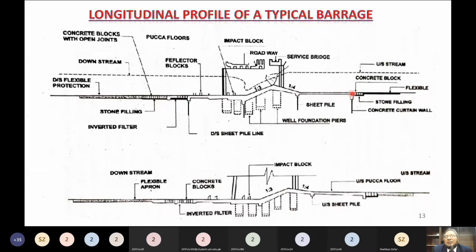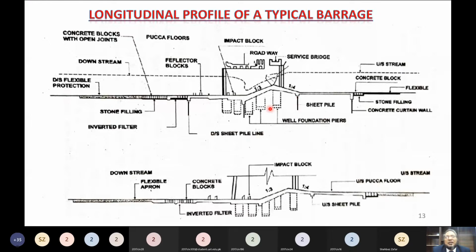All right. Now this is the point on the upstream side from where the upstream concrete floor starts. Floor means it's like a slab, a concrete slab. And you know here, this is the upstream sheet pile. And here there is the downstream sheet pile. So these are sheet piles.